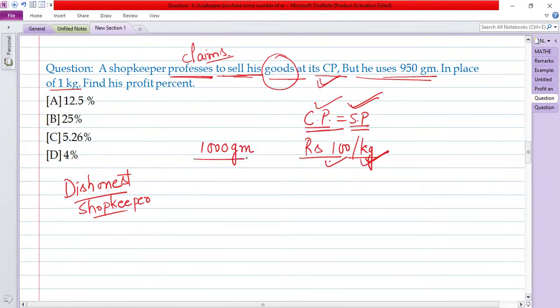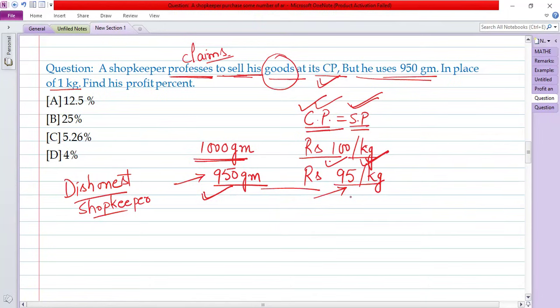But actually he is using how much weight? He is using 950 gram. So if he is using 950 gram, then for the shopkeeper, what is the actual cost price? The actual cost price will be 95. This is the only thing which is important here. If he is using 950 gram, then for the shopkeeper, the actual cost price will be 95.